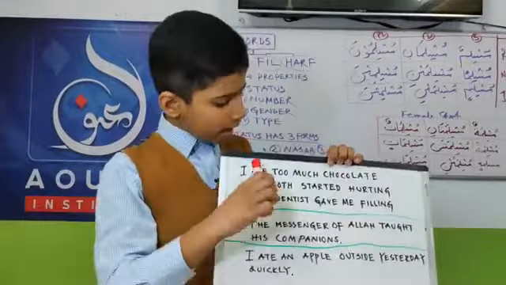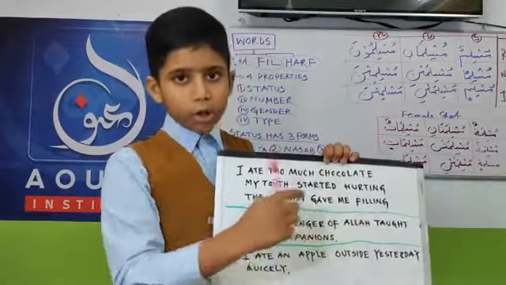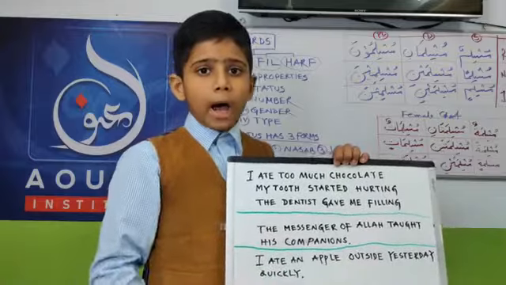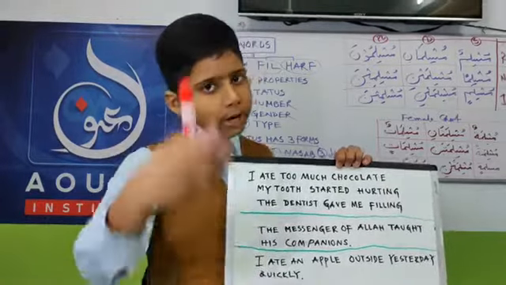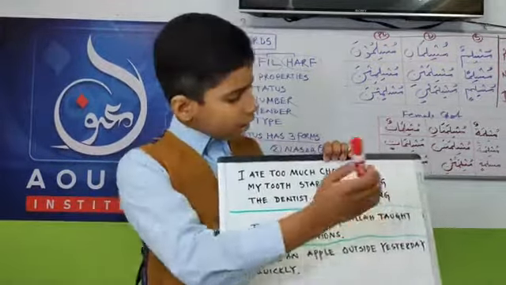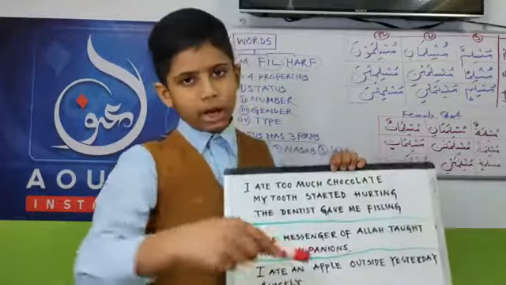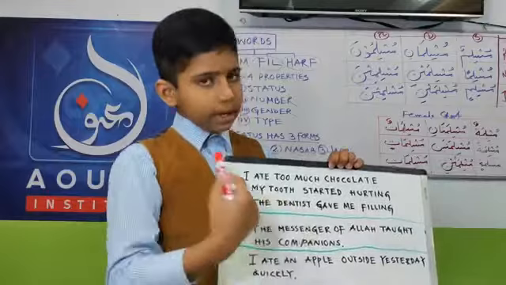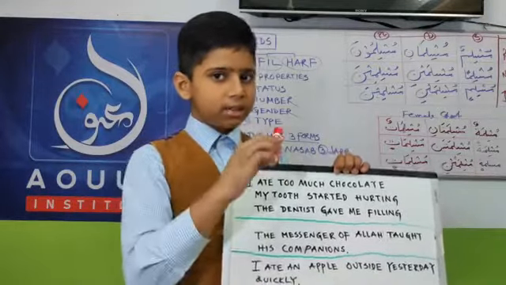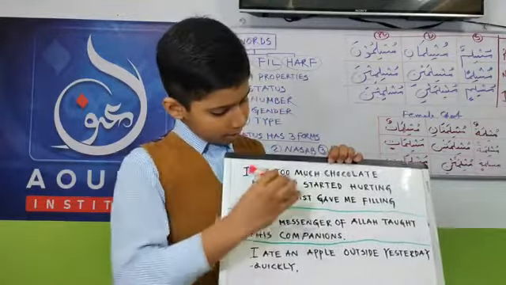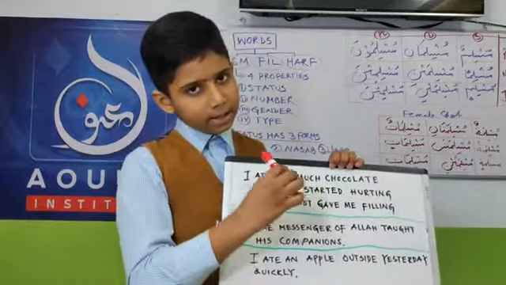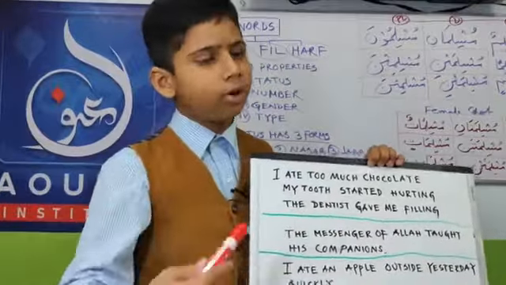Too much is a nasab because how much did you eat? I ate too much. So it's a nasab, and chocolate is another nasab. So these 3 words are nasab, and ate is a fi'l because I ate long ago. So ate is a fi'l, and I is the doer, rafa.